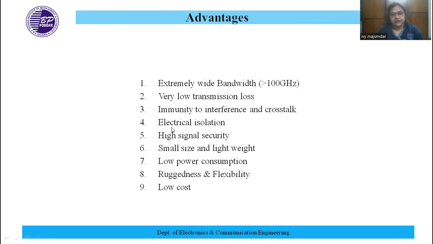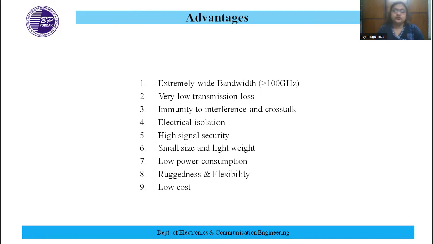And fourth point is electrical isolation. Now, generally, the optical fiber is made up of glass or polymer. These are free from electromagnetic interference, as well as it is free from radio interference.